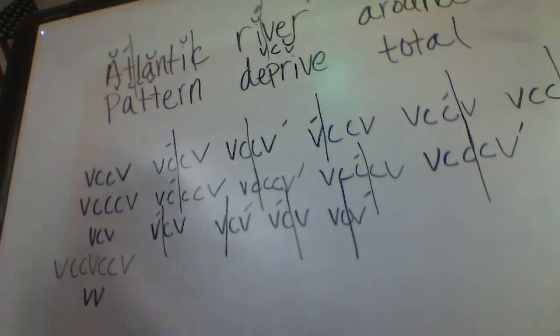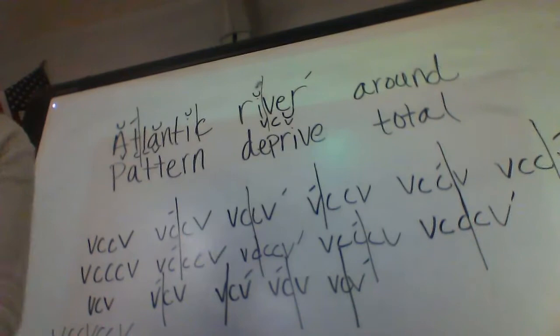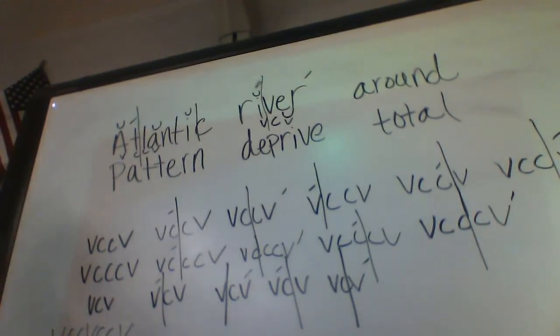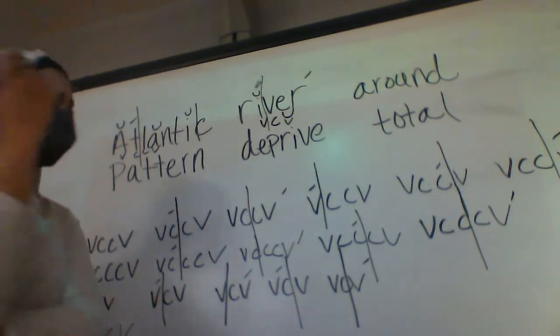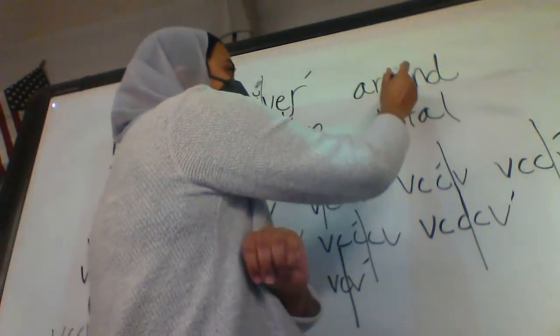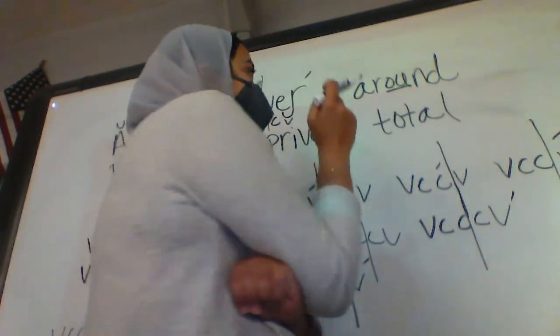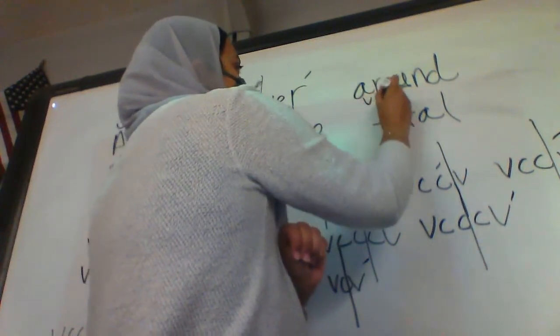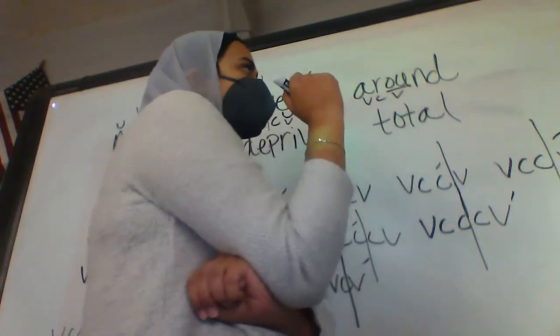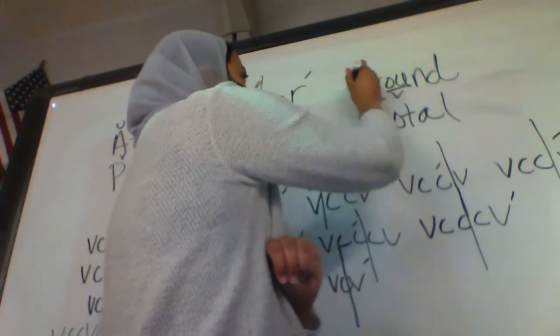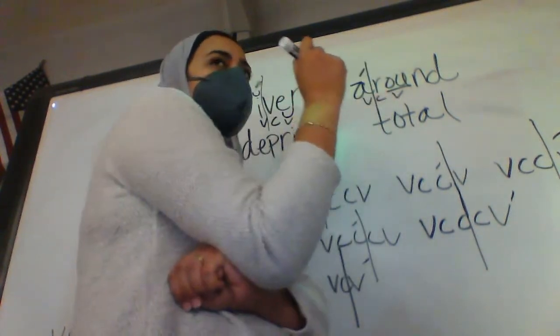Okay, how about the word around? O-U. V-C-V. Right? This is a long vowel.